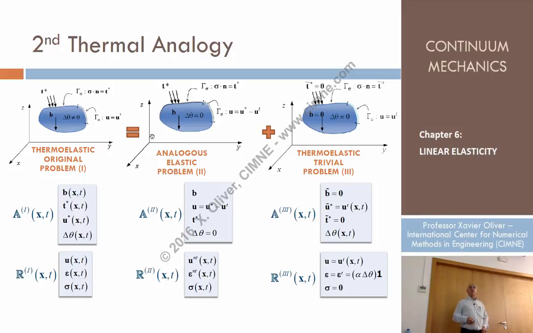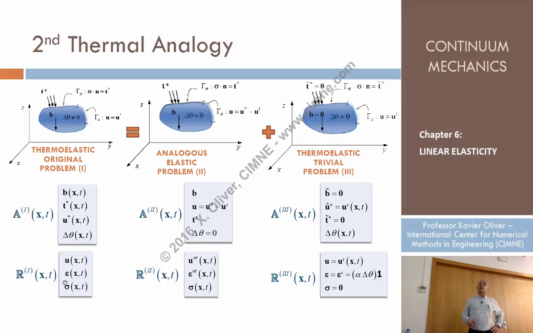The situation is the following. I had the original problem, which was thermoelastic. Then I have in that problem some actions, which are the body forces, the tractions, and the prescriptions, and the temperature.